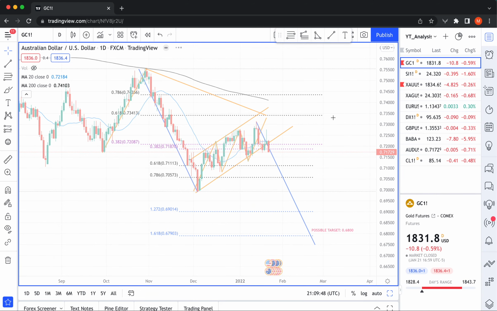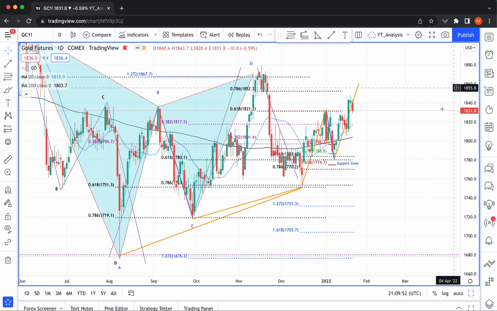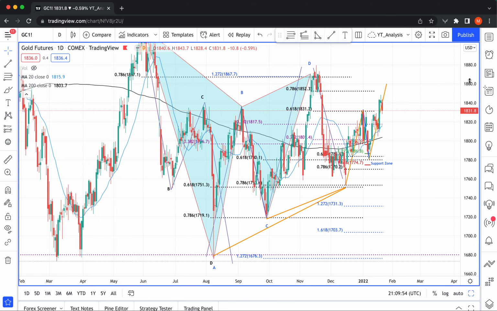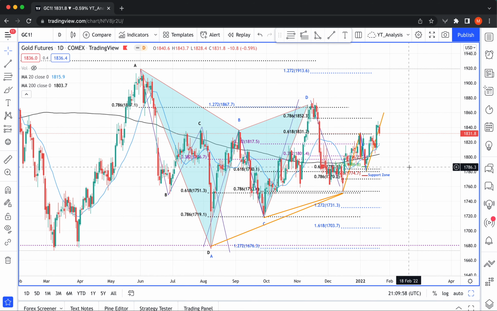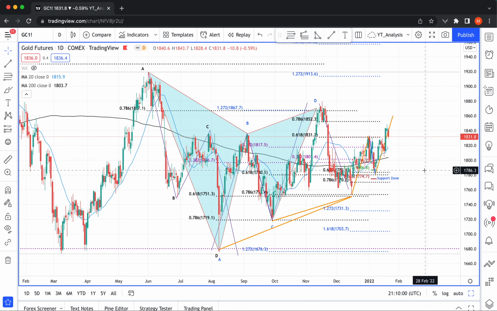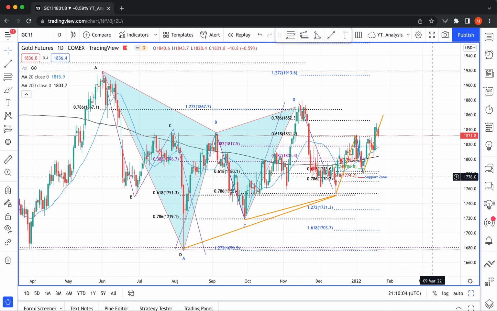Okay, so finally we take a look at gold. If you remember our previous videos, around the Christmas week, beginning of the year, we were bullish on the gold market because around the Christmas holiday time, gold has a bullish bias. The gold did rotate higher.